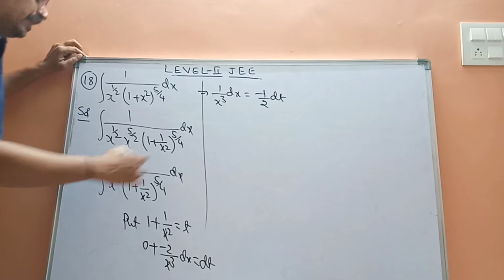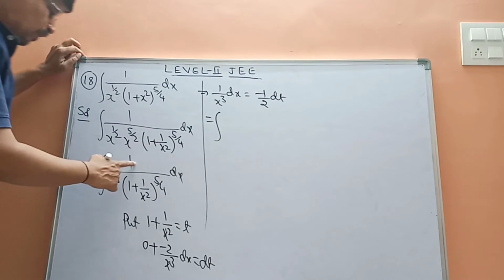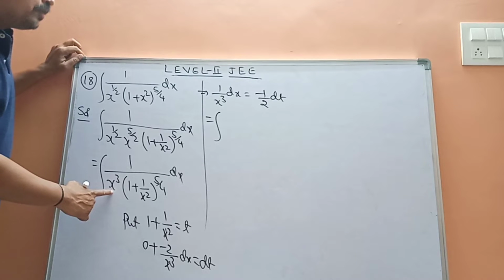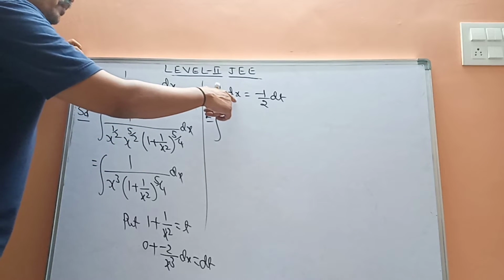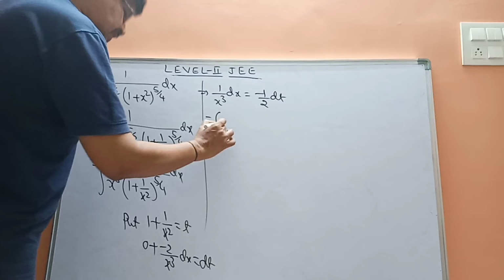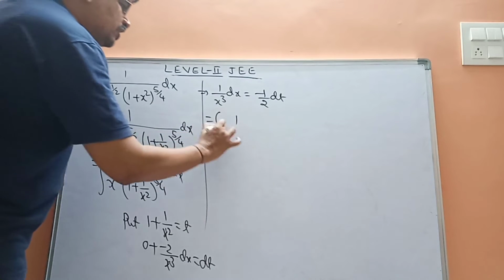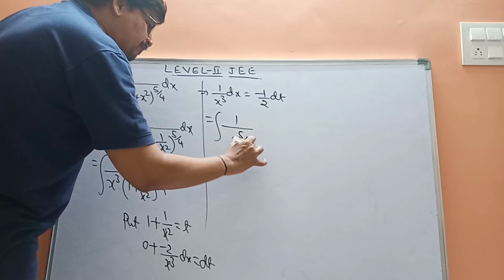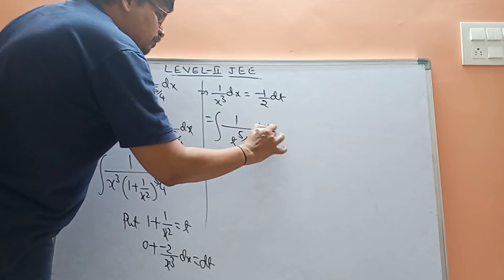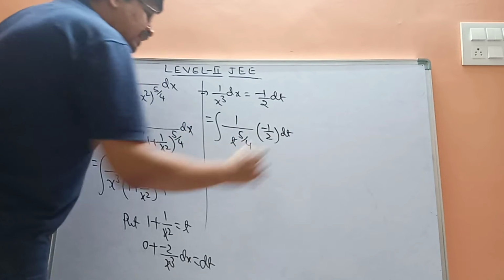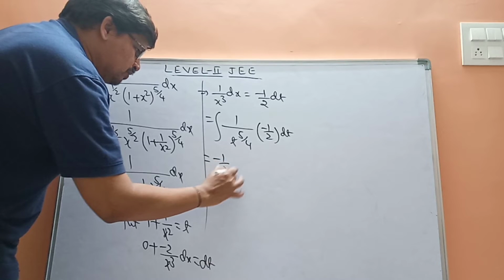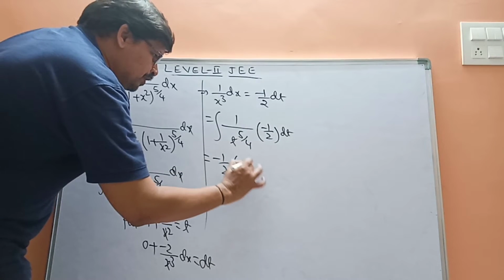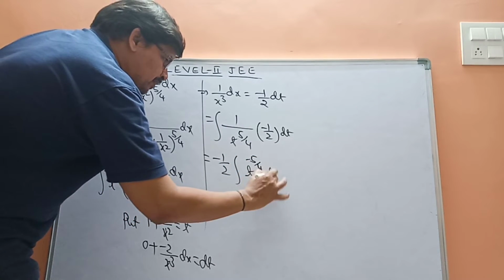Substituting these values, this is 1 by t to the power of 5 by 4 into minus 1 by 2 dt, equals minus 1 by 2 into t to the power of minus 5 by 4 dt.